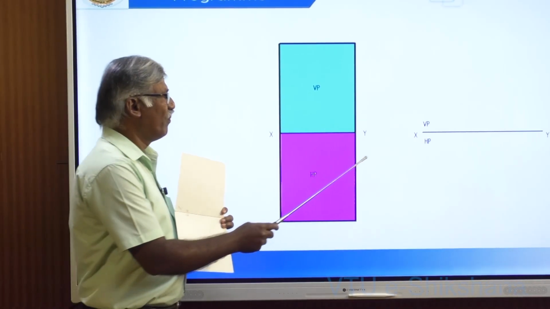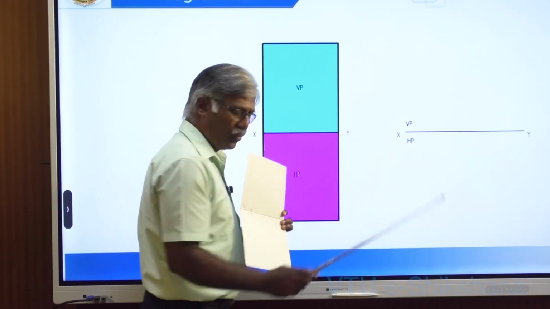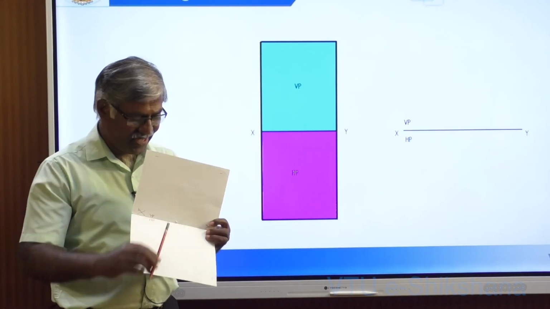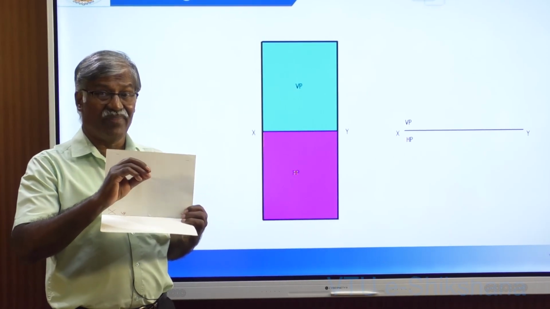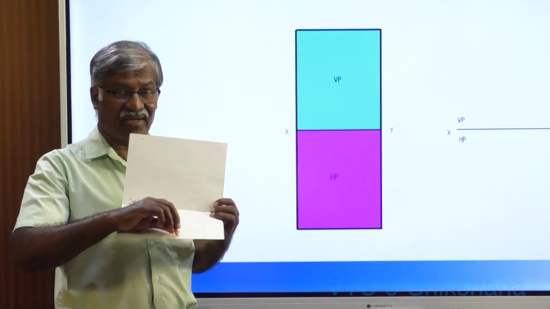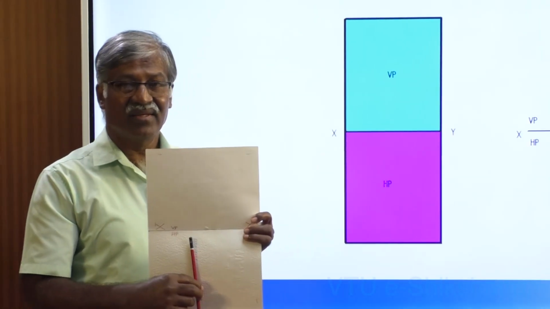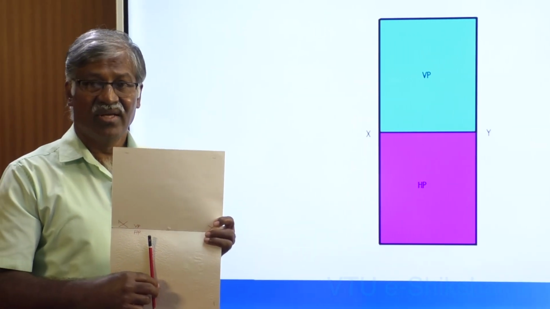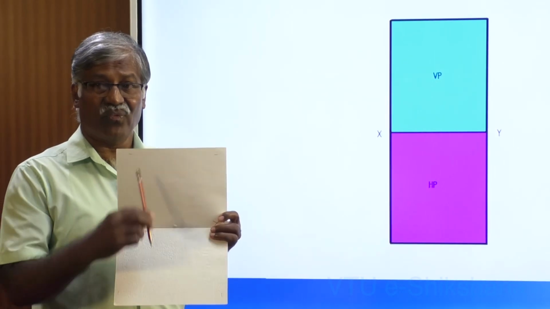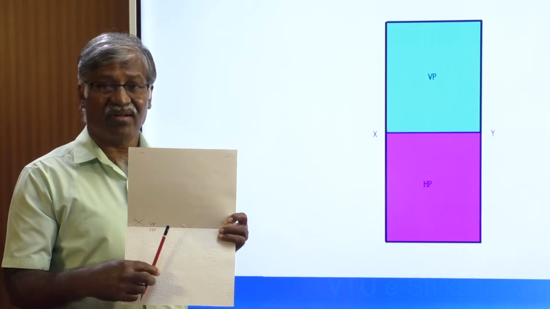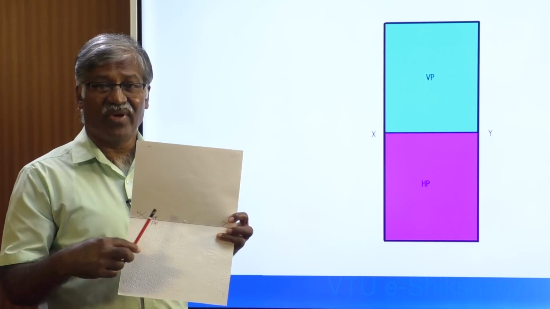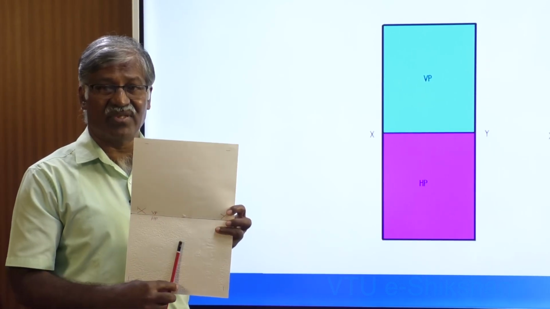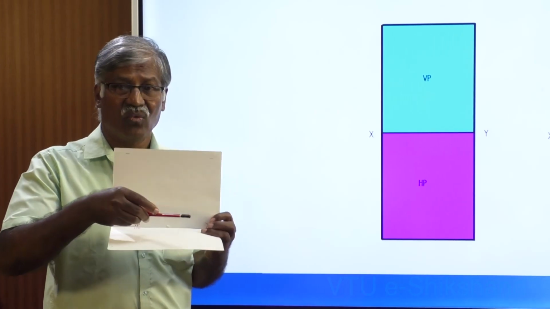Whenever you keep a line in this way, that means this line is perpendicular to VP. Where you project it, you will get it like this. This line is perpendicular. We have to forget VP now and concentrate on the XY line. With respect to this HP area, the XY line is VP, so it is perpendicular to VP. Suppose that it is inclined to VP.